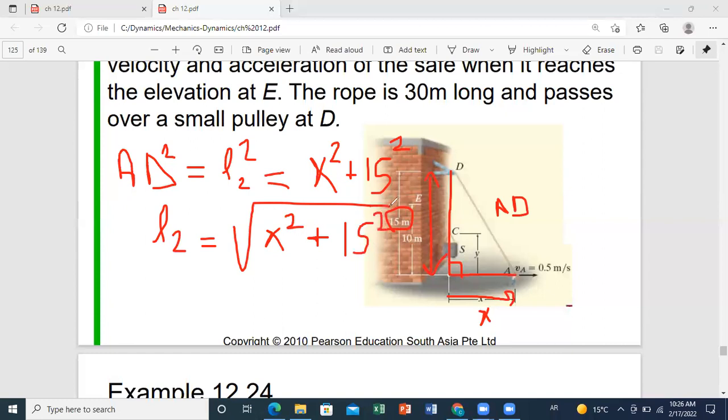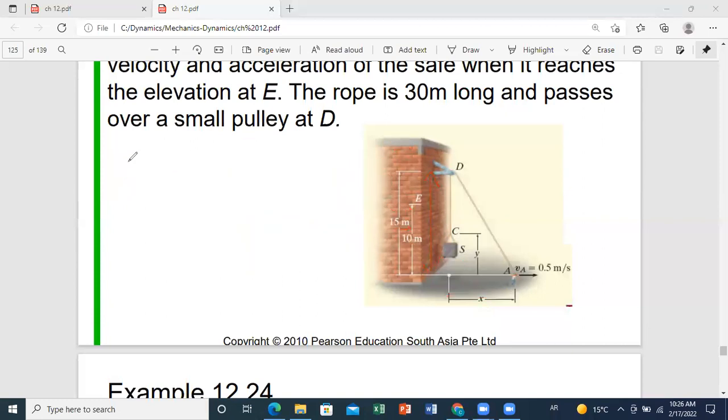Okay, and now once I expressed my L1 and L2, the next step will be to say that the total length of my chord is a constant. So I will write now that L1 plus L2 is a constant, and this constant is equal to the length of my chord.